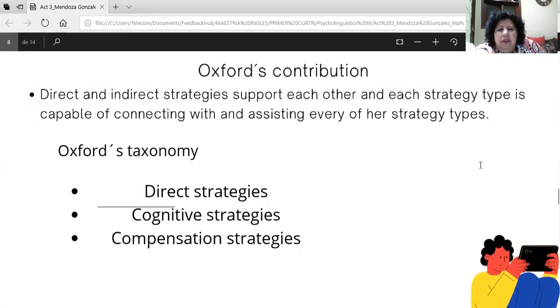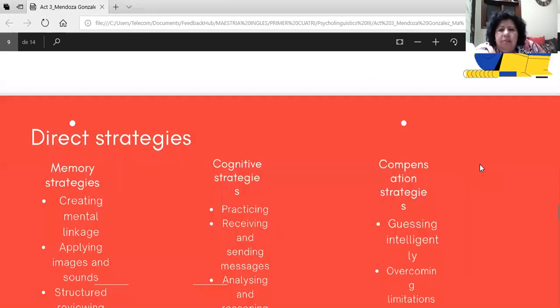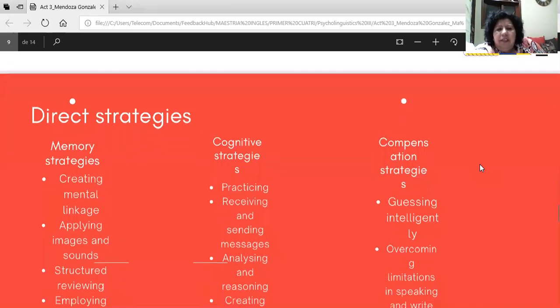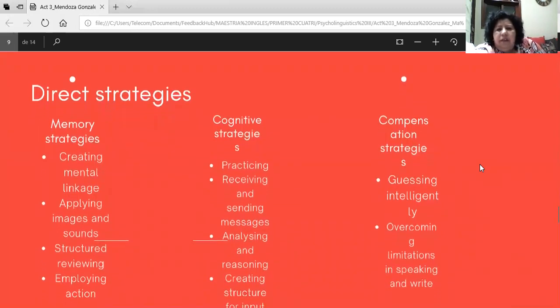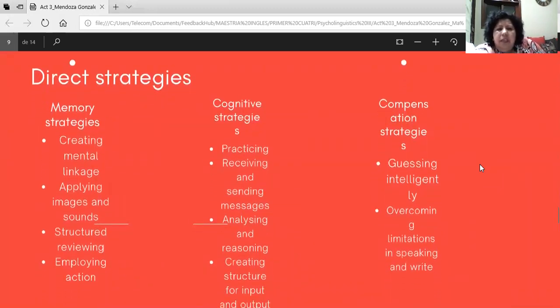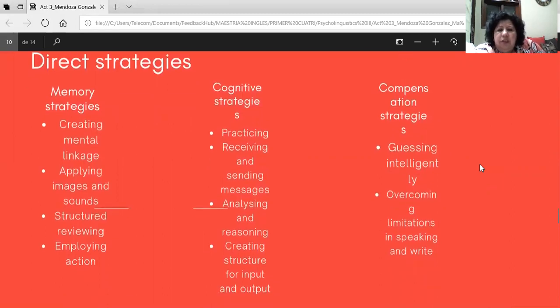Oxford said that direct and indirect strategies support each other, and each strategy is capable of connecting with and assisting every other strategy type. And she presented this taxonomy, which divides direct strategies into memory, cognitive, and compensation strategies.